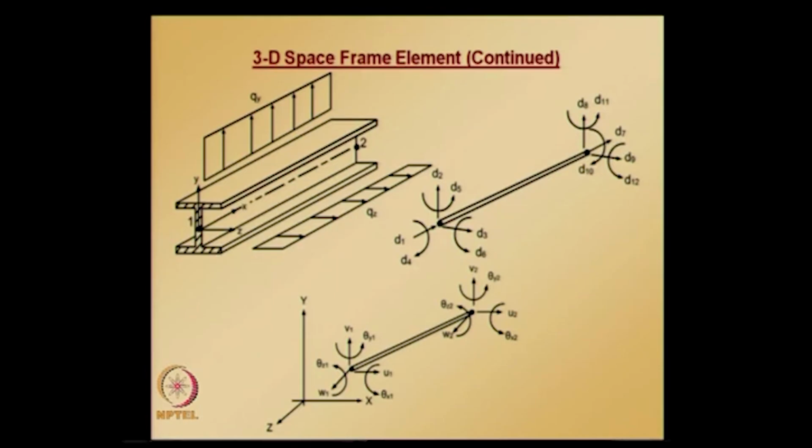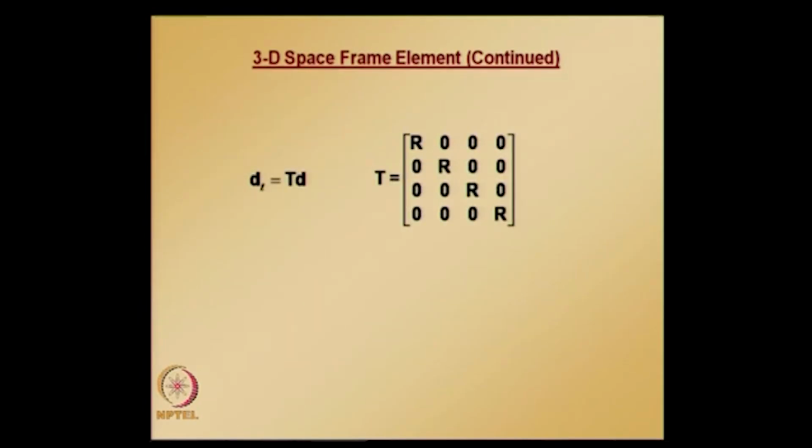So the transformation matrix is obviously going to be a 12 by 12 matrix, and this 12 by 12 matrix consists of 4 identical 3 by 3 rotation matrices like here. The local displacement vector is compactly written as dl and the global displacement vector is written compactly as d, and the relationship between the local displacement vector, which includes both displacements and rotations, and the global displacement vector is given there.